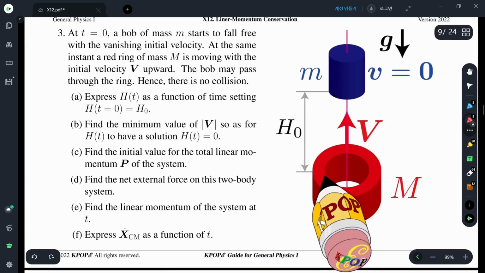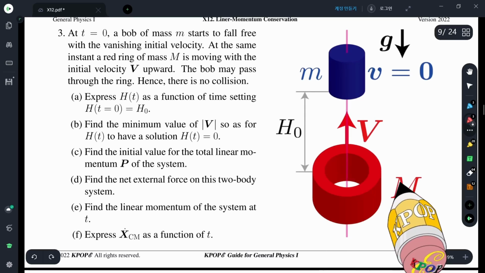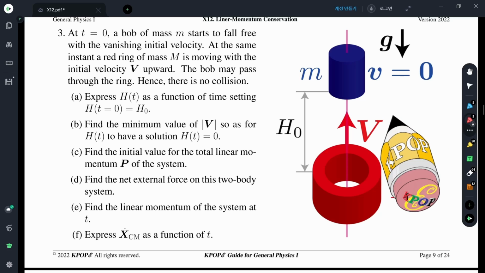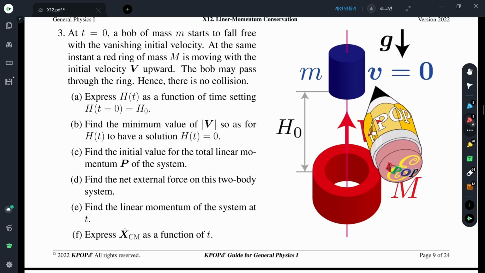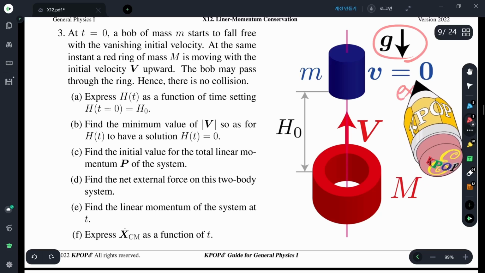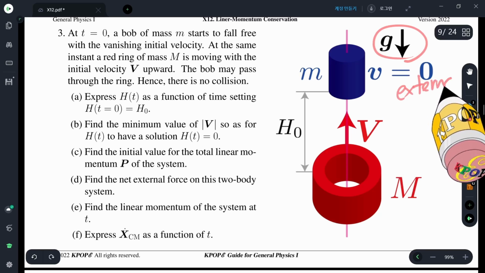This is another example. I don't want to explain every detail, but here you have to identify the fact that total linear momentum changes. Why? Because the gravitational force is an external force.